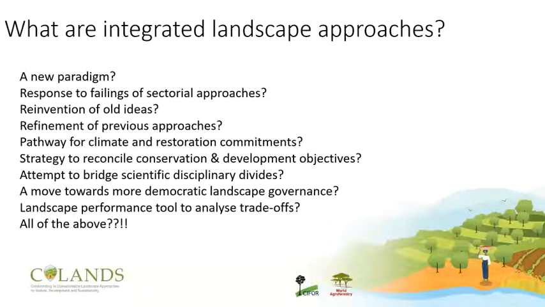And I think when I first started developing this slide earlier today, I had a load more examples of what a landscape approach is or what it attempts to do. And so while the CGIAR paper in 2013 and subsequent papers have acknowledged that there is no universal definition of what an integrated landscape approach is, I think we're starting to move towards an idea of what a landscape approach contains.